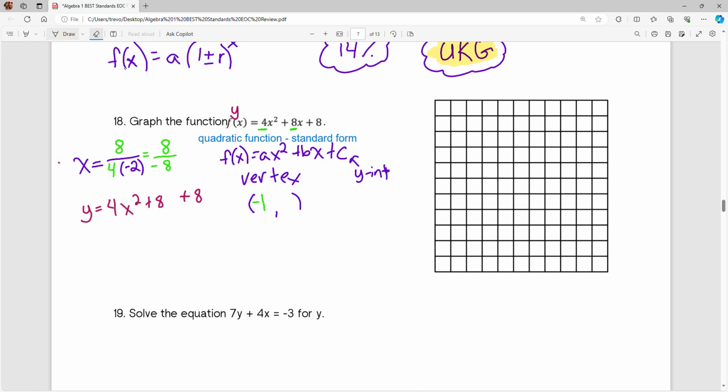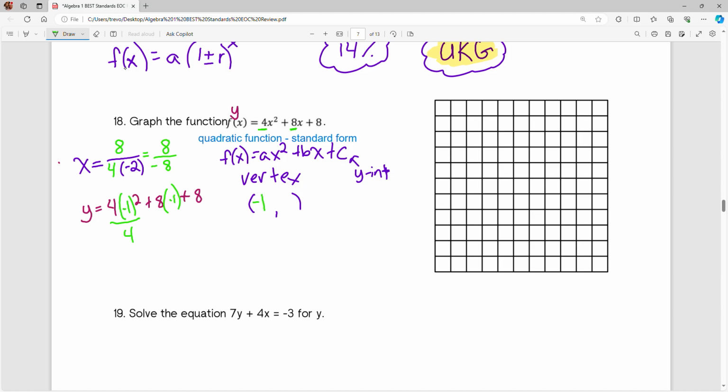So right here, that x becomes negative 1. And right here, this x becomes negative 1. Now solve for y, right? So each little piece here, negative 1 squared, negative 1 times negative 1 becomes positive 1 times 4 is 4.